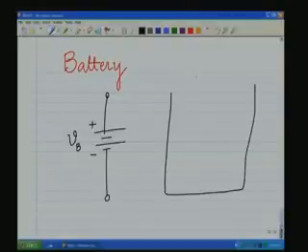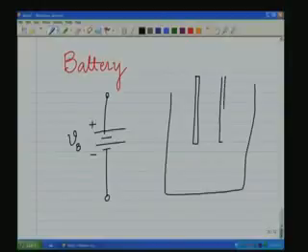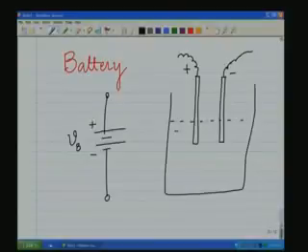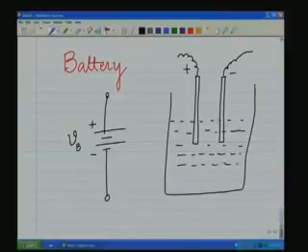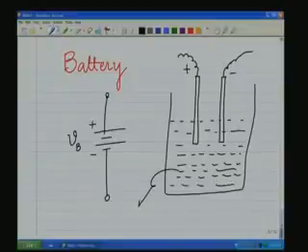It contains two electrodes, a positive electrode called the anode, and the negative electrode called the cathode, and it would have inside an electrolyte.